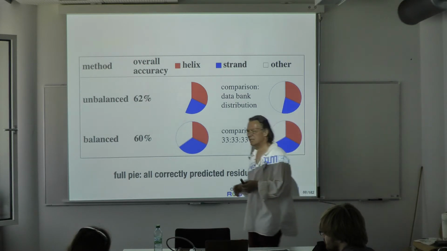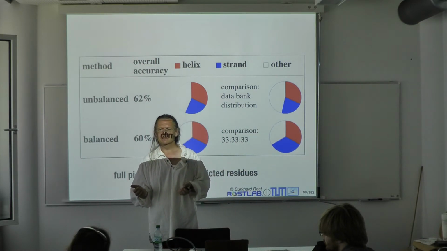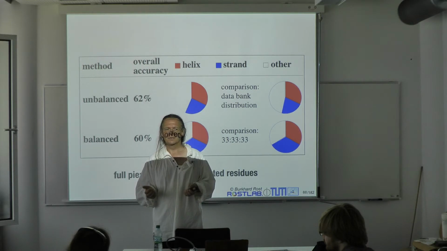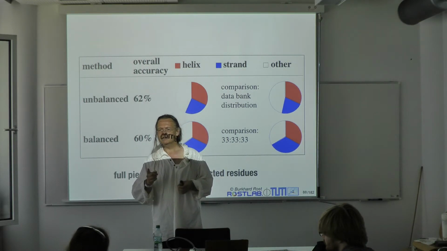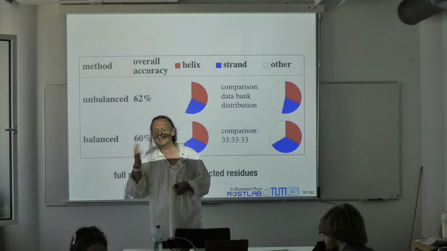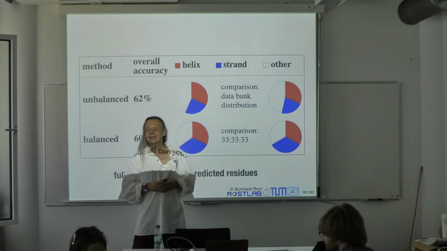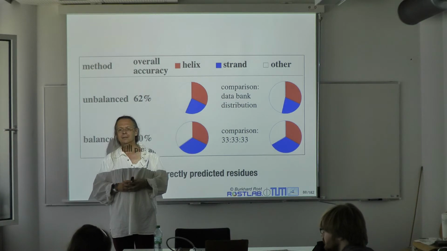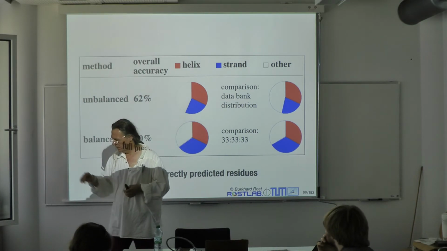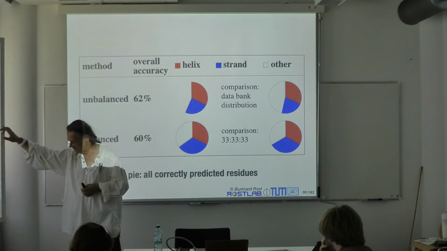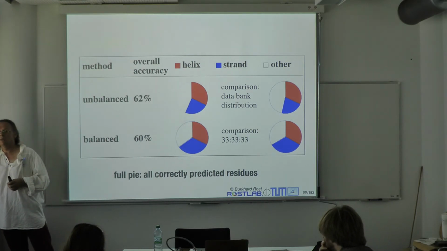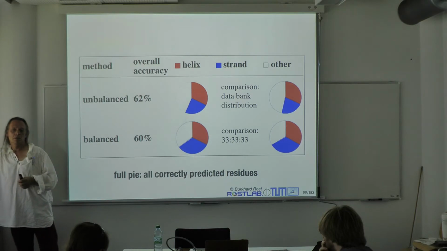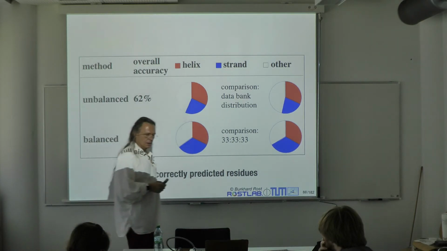Or is that a complicated question, or is it a simple question? Are you trying to say something? Because of the class distribution, because like you said, there are fewer beta strands, and so the prediction is not as good as alpha.